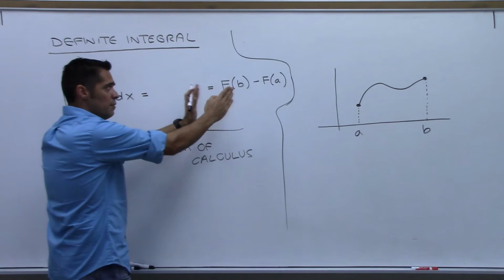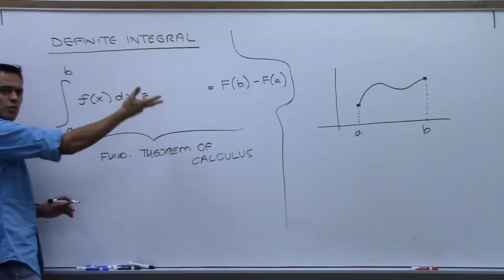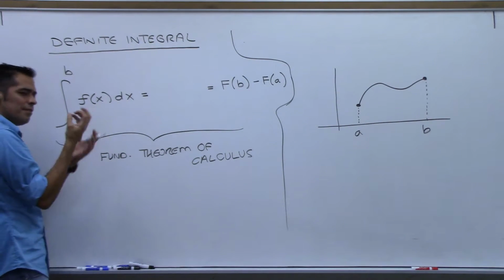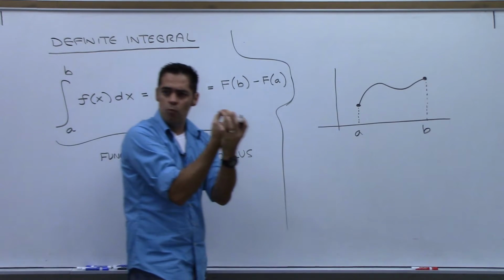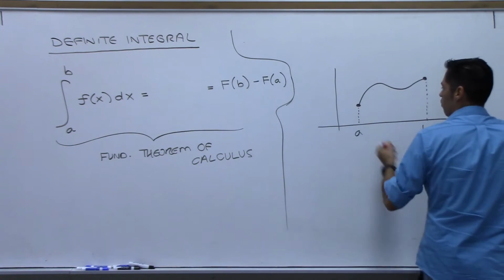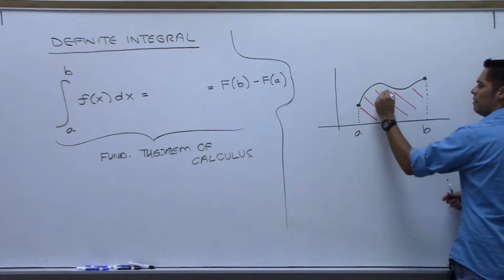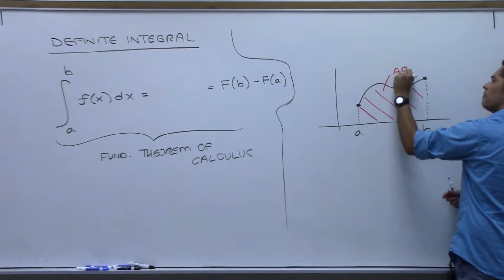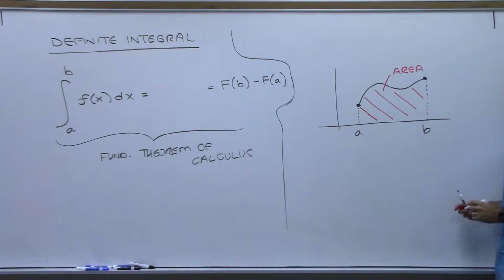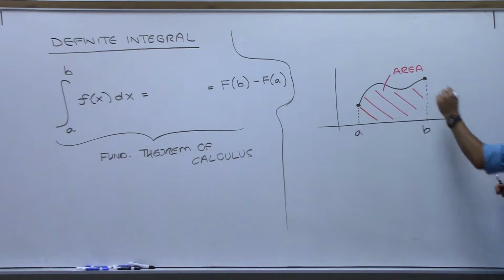But now, once you find it, you're going to plug two numbers into it and subtract them. Once you do that, that number that you get here means what? It represents this area. The area right here would be equal to this right here.